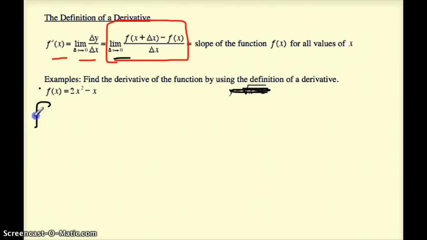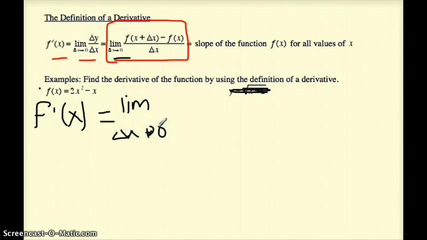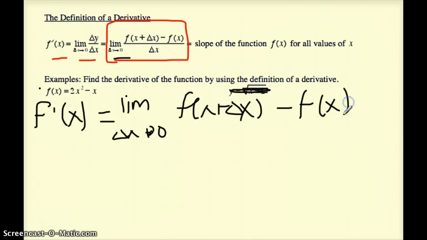According to this, f prime of x is equal to the limit as delta x approaches 0 of f of x plus delta x, close parentheses, minus f of x, all over delta x, right?